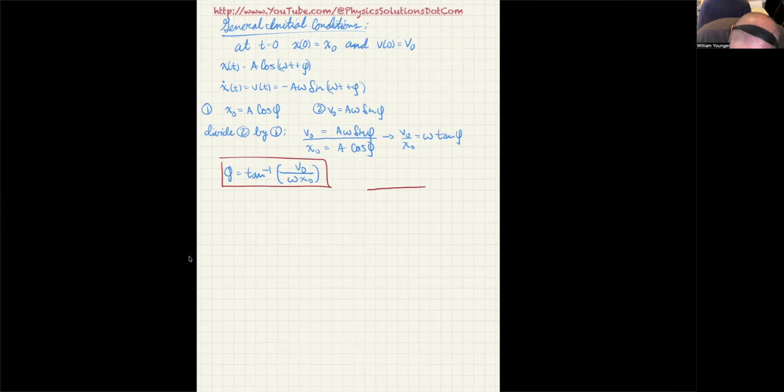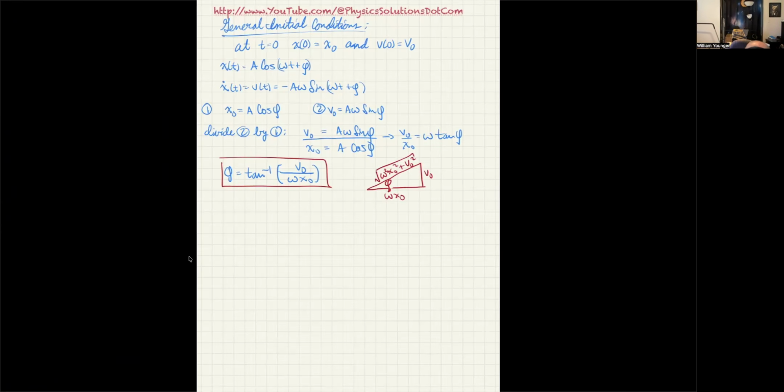So I'm going to draw a right triangle, and I'm going to call this angle right here phi. And according to what we learned about the tangent, it's opposite over adjacent. So this would be v0 over omega x0, and this would be the square root of omega squared x0 squared plus v0 squared, like that.